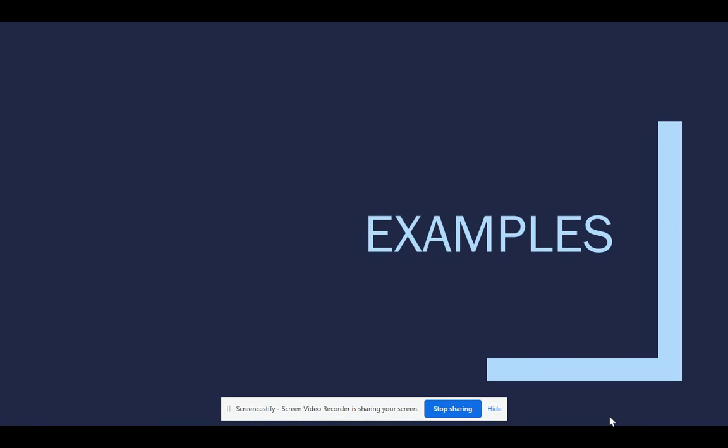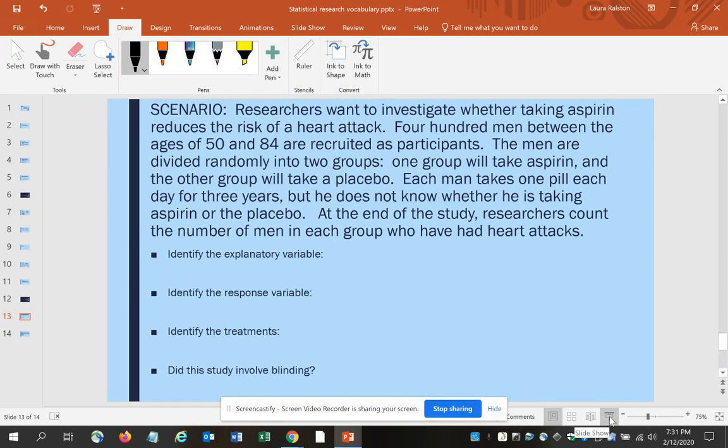Okay, so I want to take some examples, a couple of scenarios here where you may be able to identify the explanatory variable, the response variable, treatments, and decide whether a particular scenario has blinding or not. In this first scenario, researchers want to investigate whether taking aspirin reduces the risk of a heart attack. 400 men between the ages of 50 and 84 are recruited as participants.